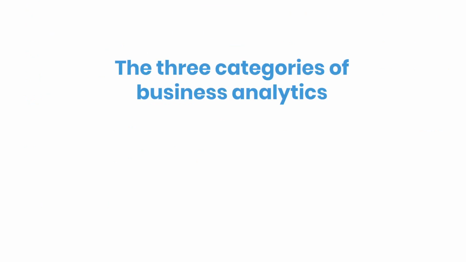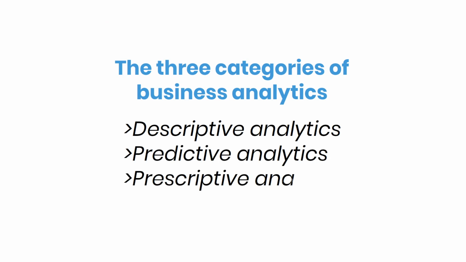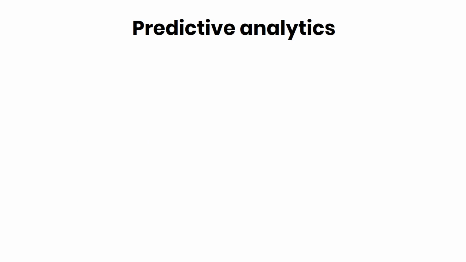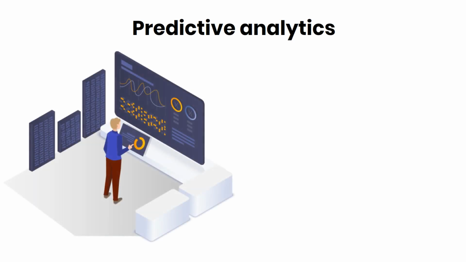The three categories of business analytics, descriptive, predictive, and prescriptive analytics, play a significant role in quantitative analysis. Descriptive analytics involves analyzing historical data to understand what has happened in the past. This type of analysis helps businesses identify trends, patterns, and anomalies in their data. Predictive analytics, on the other hand, uses statistical techniques and machine learning algorithms to forecast future events based on historical data.